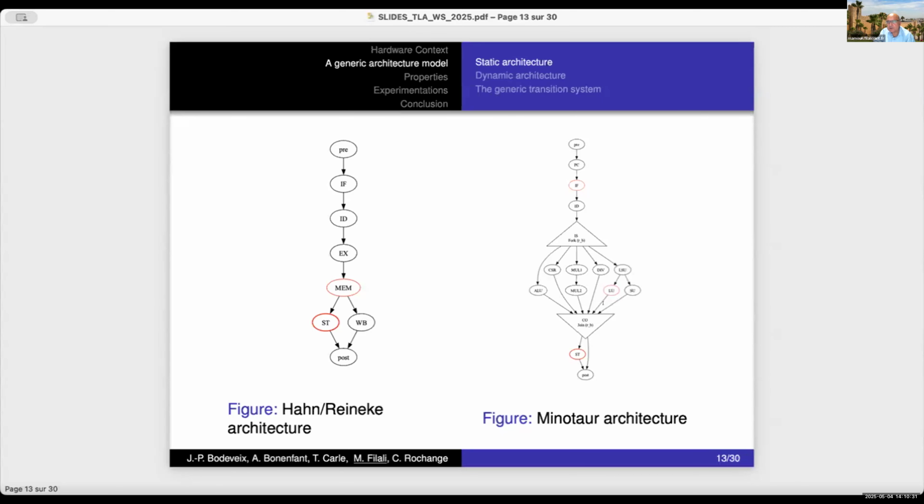We have a fork node, and here we have a join node, and here it is more complex because this is a true join node, because this node is followed by another pipeline node, and then it is necessary to have a specific hardware mechanism to handle this kind of node. That is what we usually call the scoreboard.